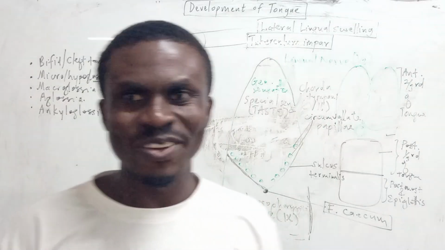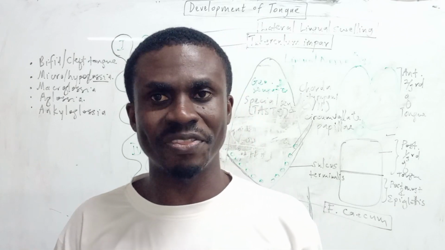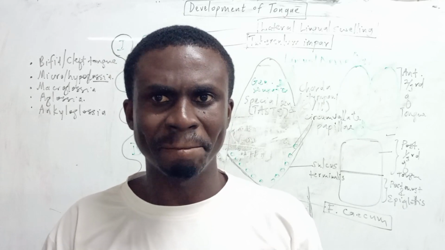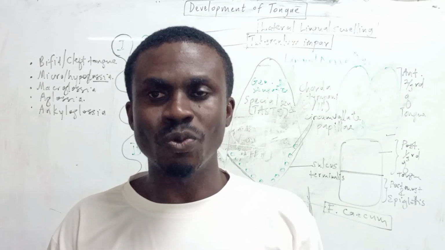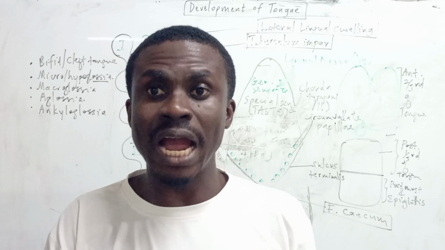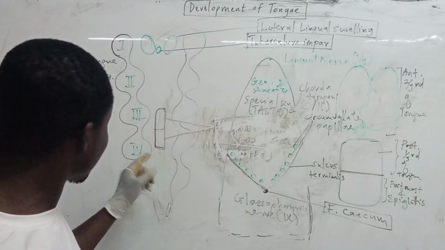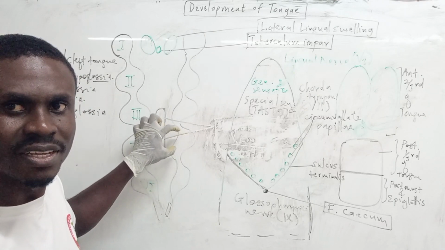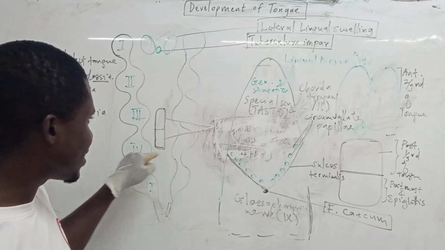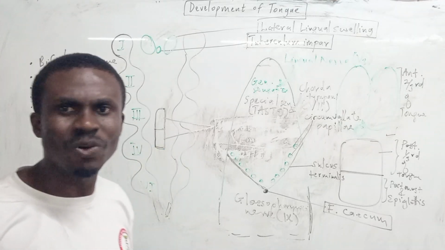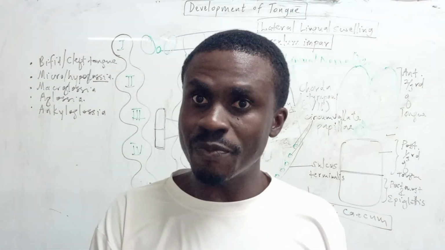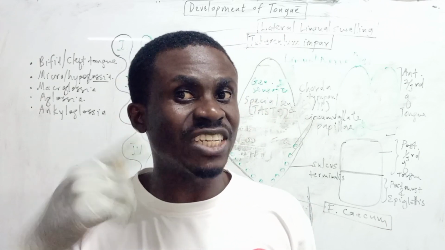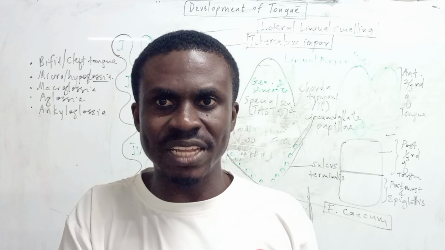Now, we said there's also the posteriormost portion of the tongue, including that of the epiglottis. What should be the nerve supply? That one is coming from the fourth pharyngeal arch. Then it means it's coming from the vagus nerve, but what branch? Last time I told you, the superior laryngeal branch of the vagus nerve.